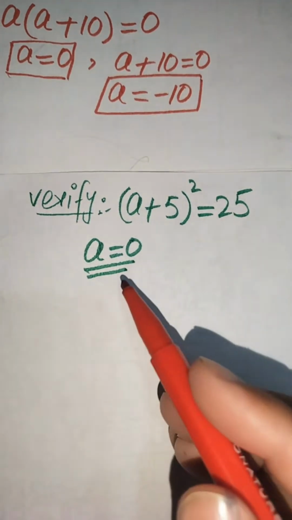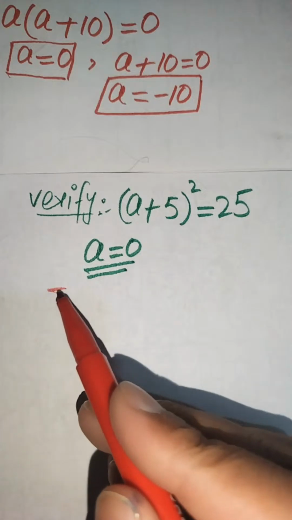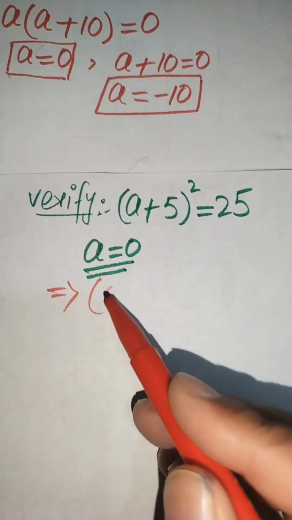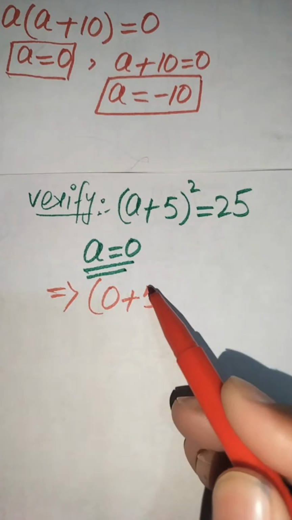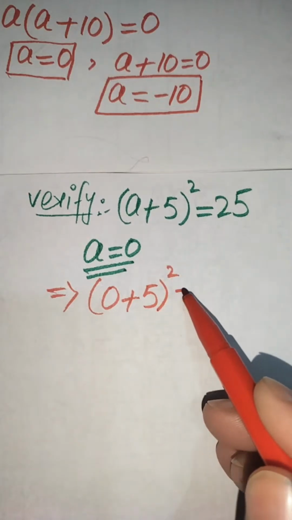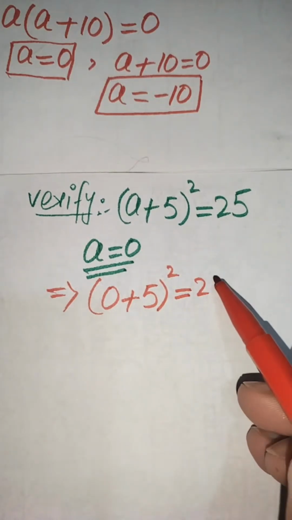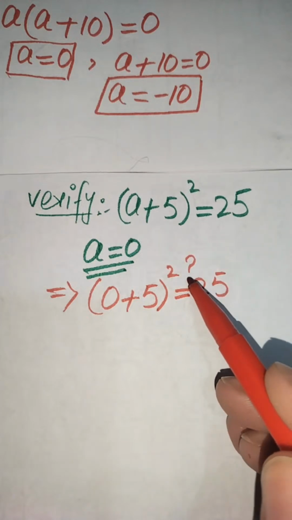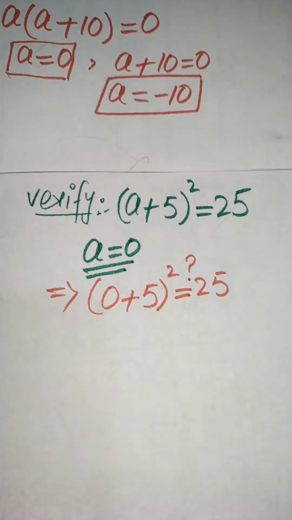When we put a equal to 0 here, it is written as 0 plus 5 whole square is equal to 25. We check whether both sides are equal after substituting the value of a equal to 0.